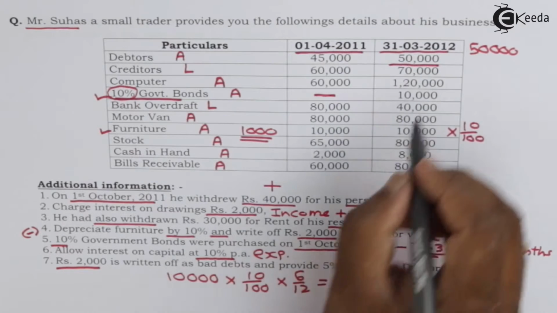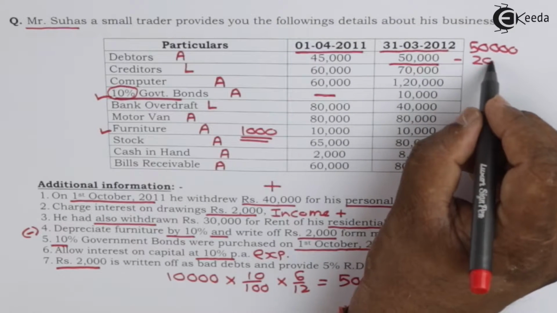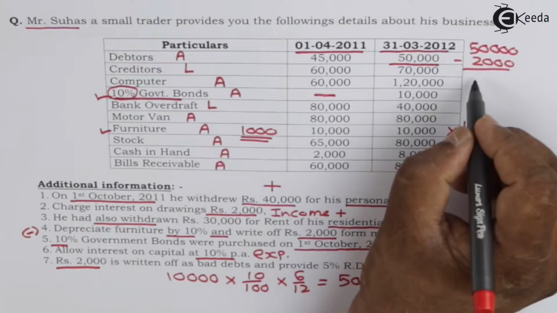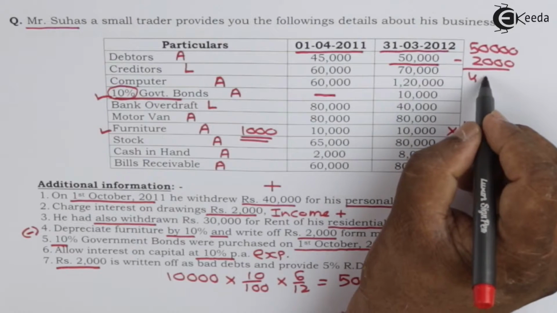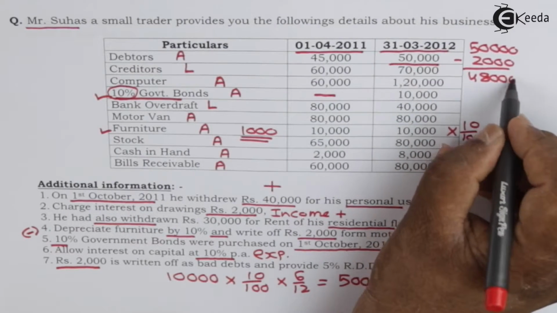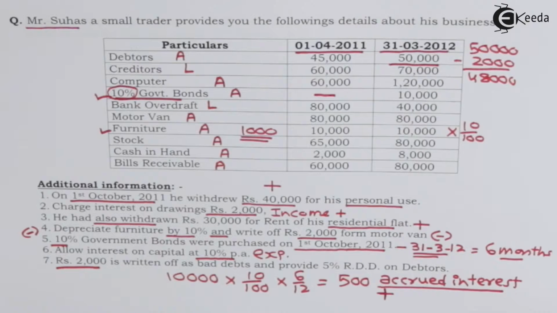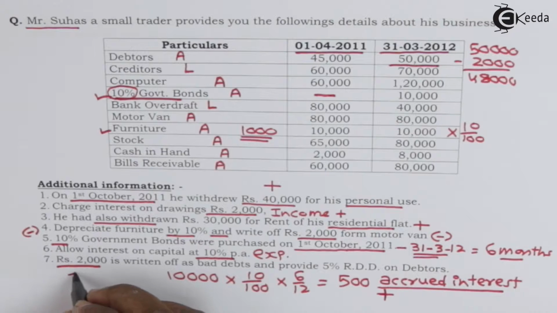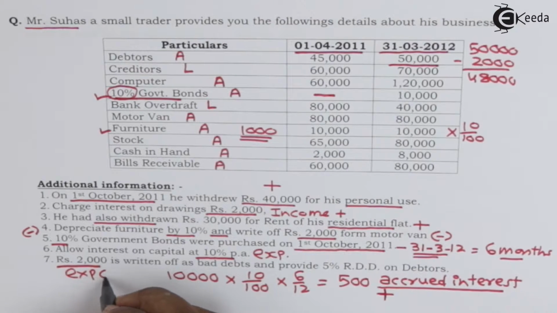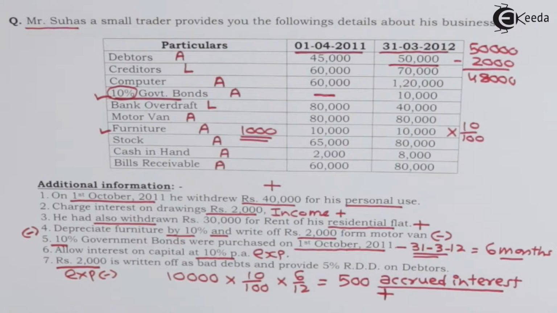From 50,000, if this 2,000 goes written off, cancelled, balance debtors will be 48,000. This 2,000 will be recorded as an expense, subtracted.